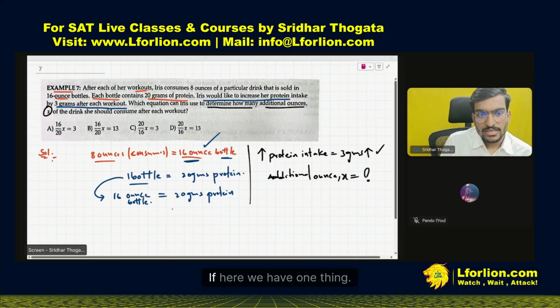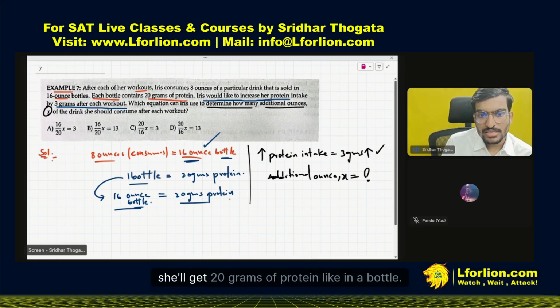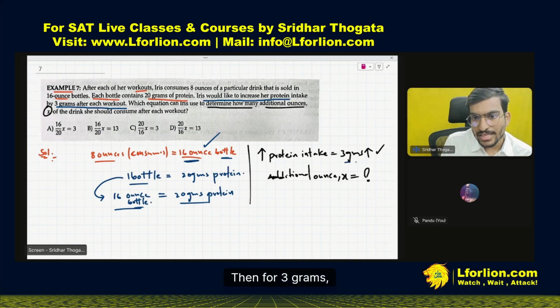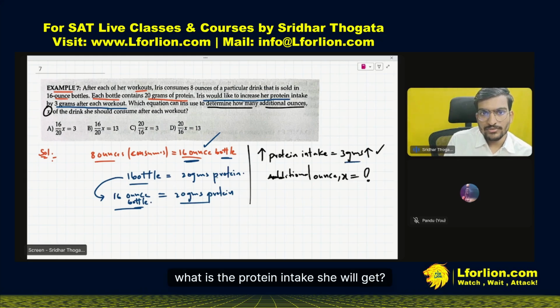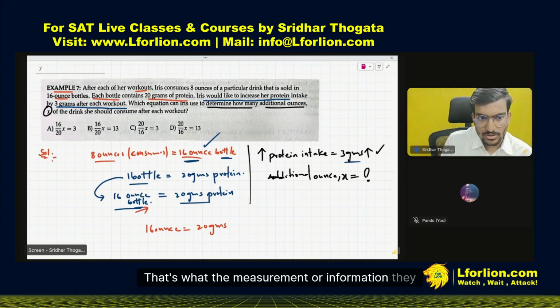For 16 ounces she gets 20 grams of protein, like in a bottle. Then for 3 grams, how much will she need? That is the question. Let me rewrite this: 16 ounces equals 20 grams in a bottle. That's the information they gave us.